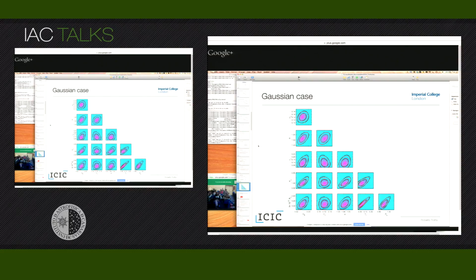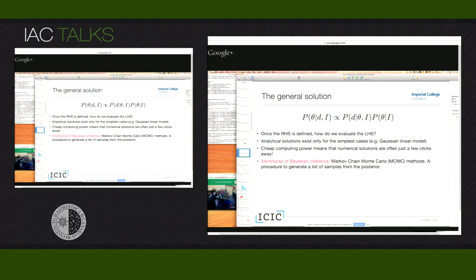Okay. So now I want to talk a little bit about how we get those constraints numerically, if you want to, even though you can do it analytically with a Gaussian case. And so, as I was telling you before, and as you have seen many times thus far, I expect, in the school, the general solution to any inferential problem in a Bayesian sense is this.